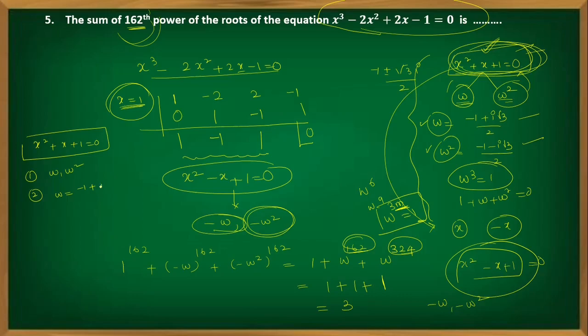My omega is minus 1 plus i root 3 by 2. This is expected to be remembered. Omega square is minus 1 minus i root 3 by 2, and what you know, omega cube is equal to 1. Not only omega cube, omega power of multiples of 3 is equal to 1, and 1 plus omega plus omega square is 0. These are the properties used regularly in solving this type of problems, problems related to this concept.